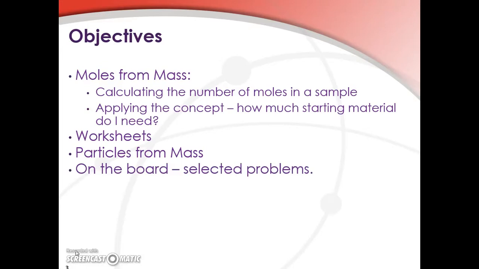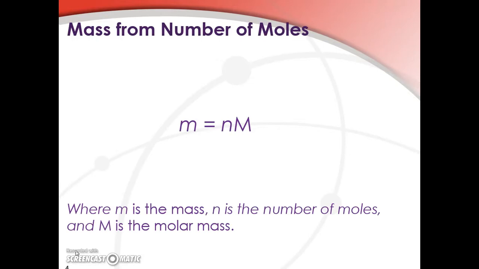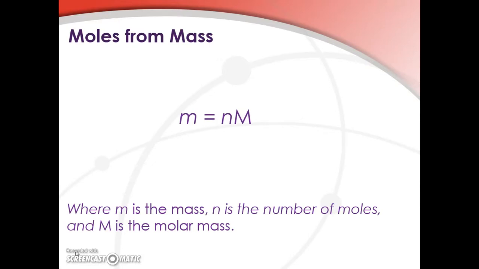In the classroom, we're going to do selected problems. For our purposes here, I'll run through a quick question on paper. Okay, so mass from number of moles. The mass is equal to the number of moles times the molar mass. We've covered this previously. Now, we can of course rearrange this.